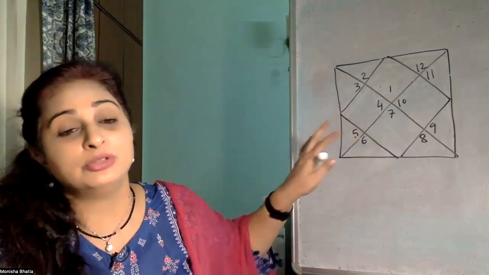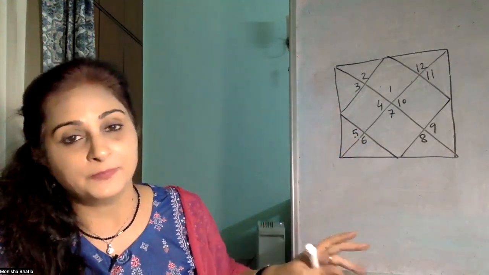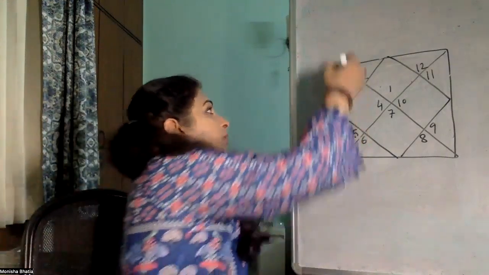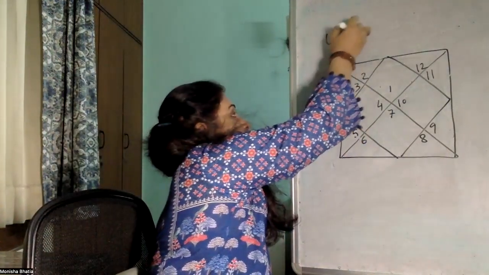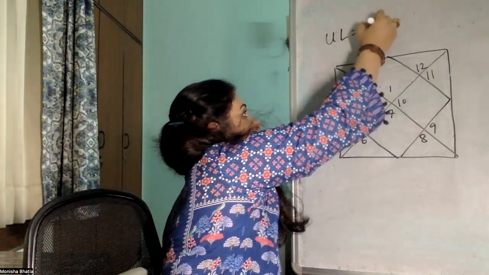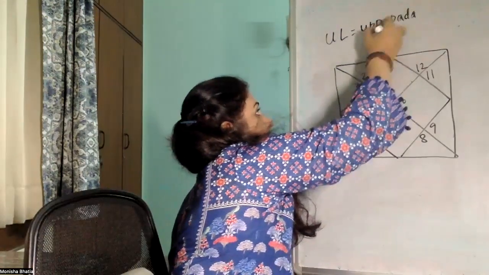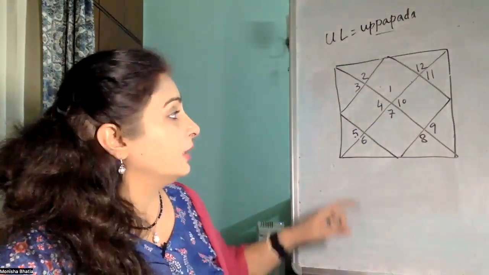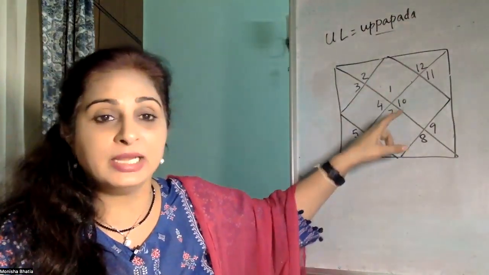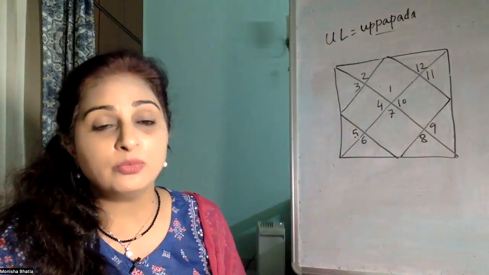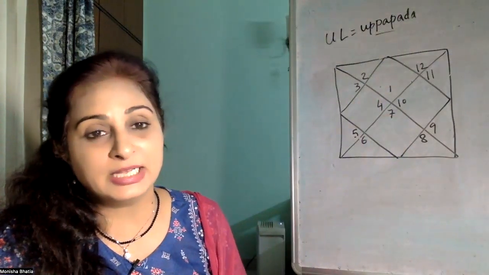Everything can be told through the Uppapada chart. Now, Uppapada chart can also be written as UL or the Uppapada chart. Now let's first quickly try to see how we make the 12th pada chart.